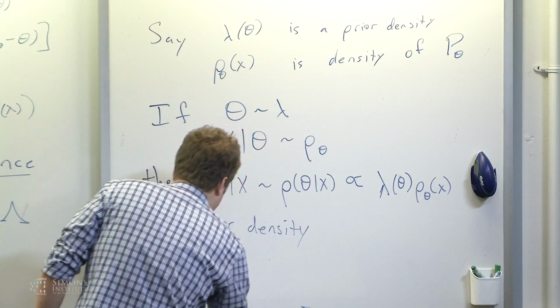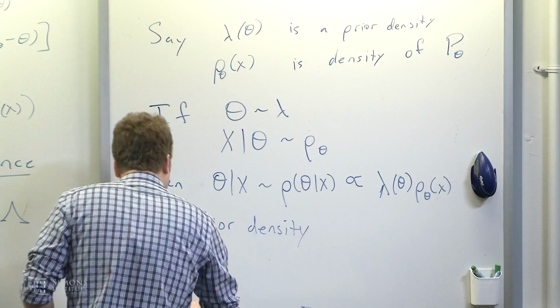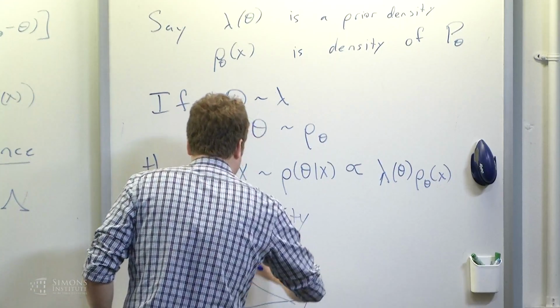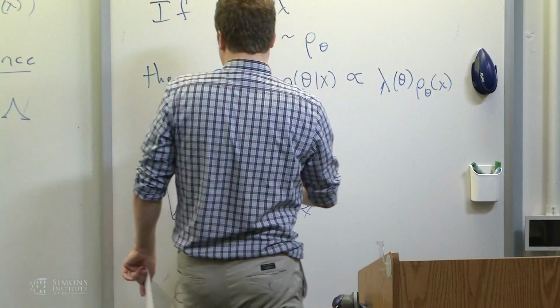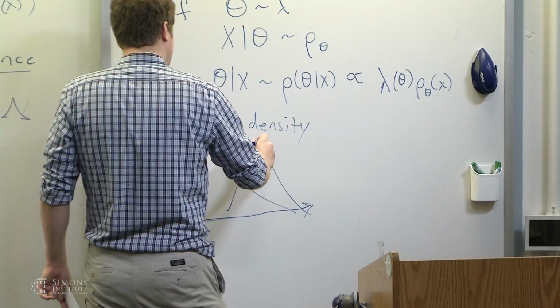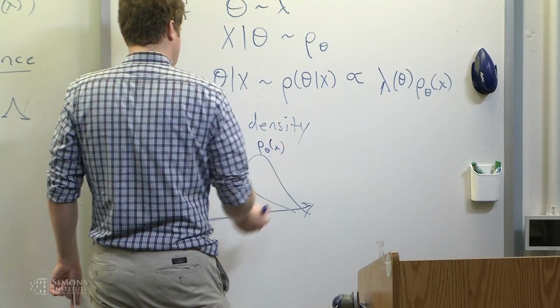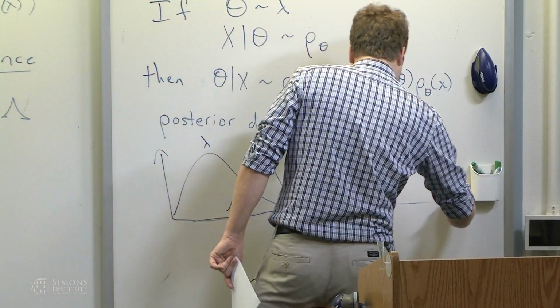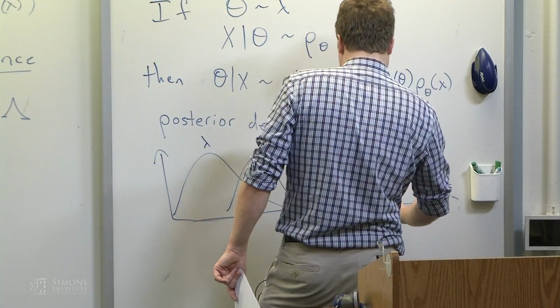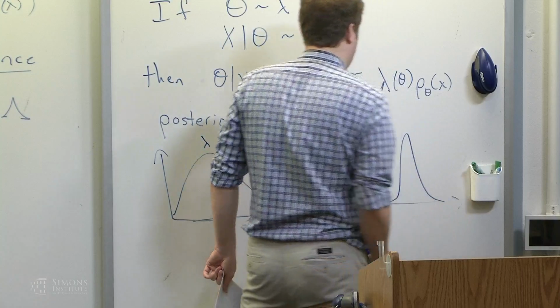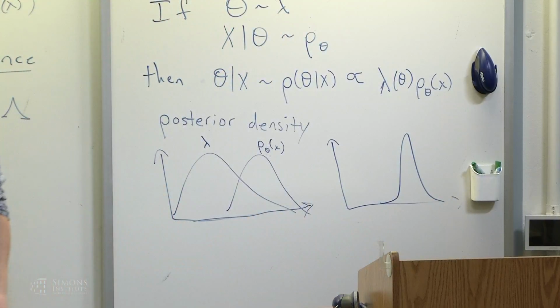The posterior combines the prior, lambda, and the likelihood, p theta of x, into something that hopefully looks a lot more narrow.